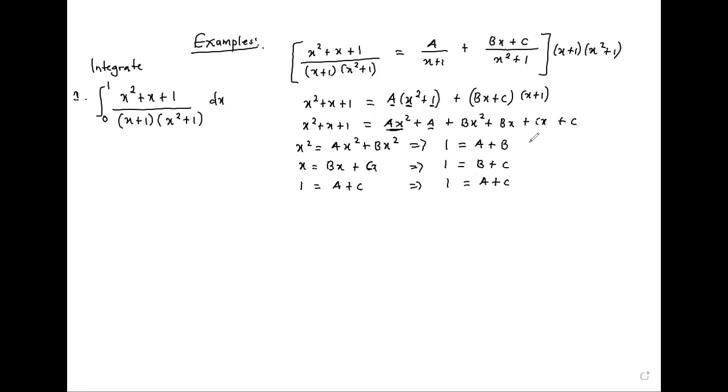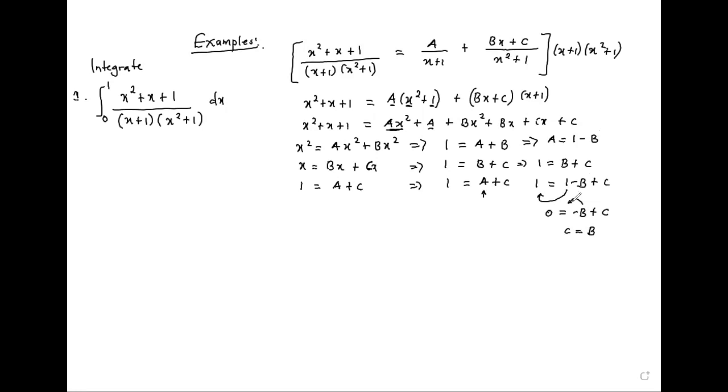If we go to the first one, you can solve for A in terms of B. So you get 1 minus B. So that one is A. In the second one, you have 1 is equal to B plus C. And in the third one, we have 1 is equal to, where there's A here, you have 1 minus B, and then plus C. Take this one to the other side. We'll get 0 is equal to negative B plus C, telling us that C is equal to B.